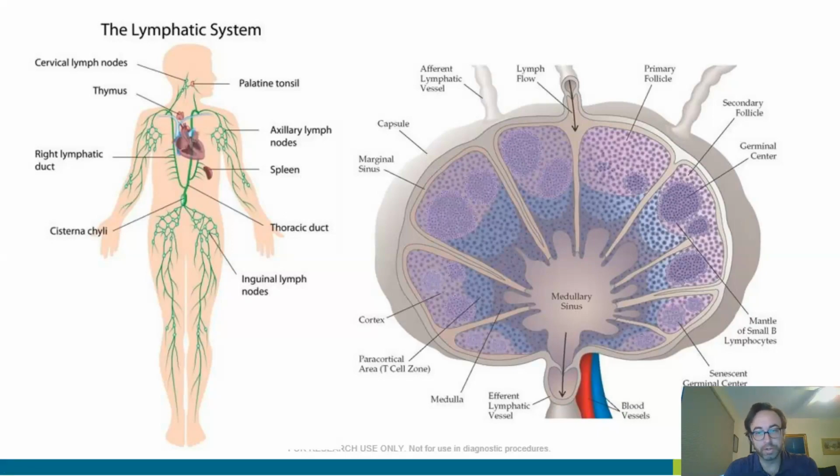As you move further into the structure of the lymph node, you move into what's called the medulla. And this structure helps organize the overall tissue architecture as well as helps facilitate transfer throughout the body as it connects to lymphatic draining vessels.